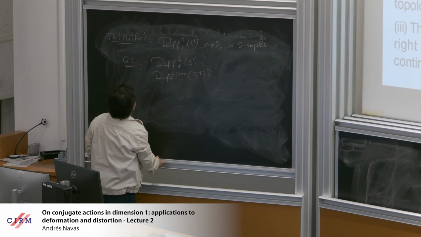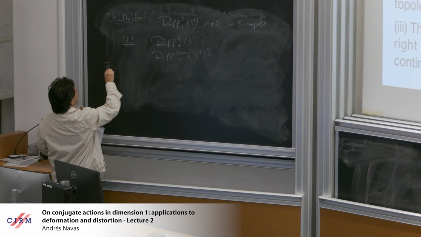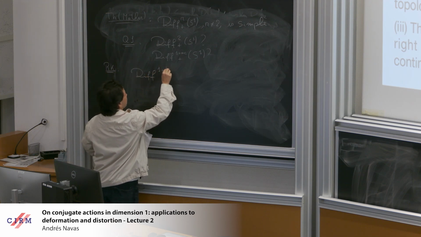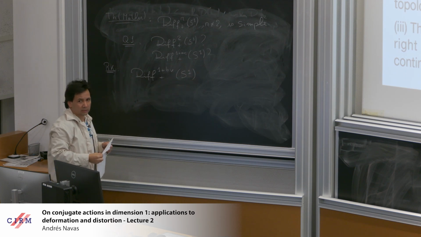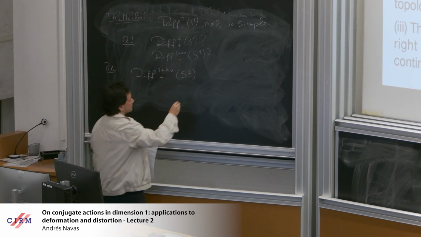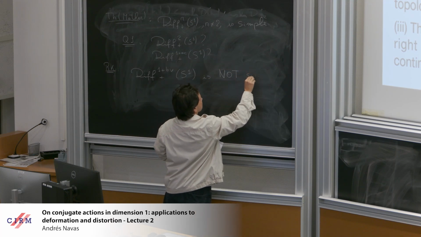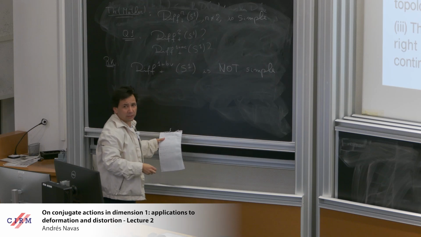But another thing that he proved, in a very nice short note, is that Diff 1 plus bounded variation, the Denjoy group, if you wish, is not simple. And he did it in a very explicit way.